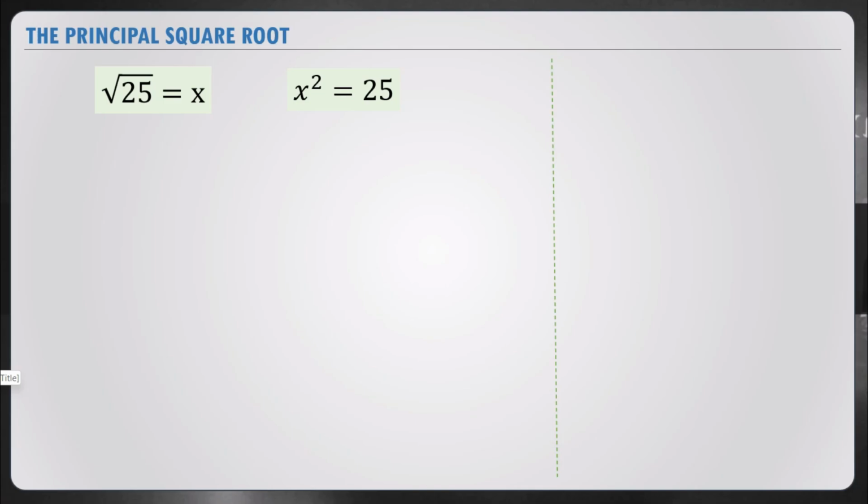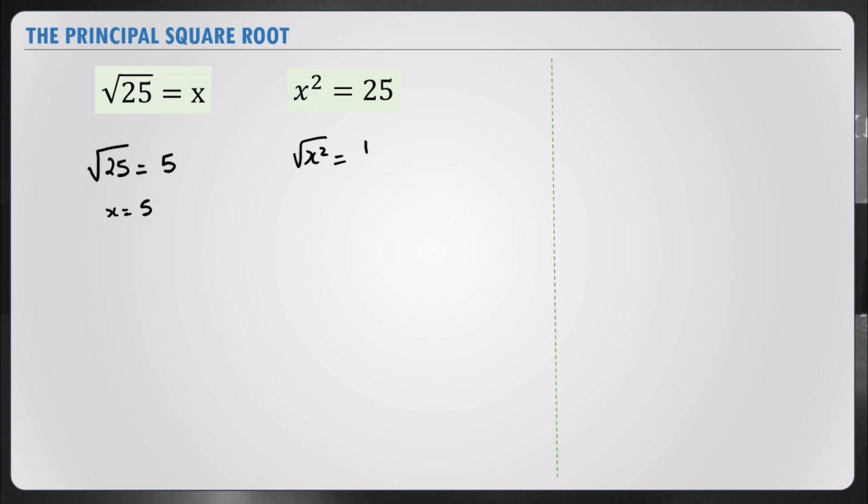Now, when we're asked to find the square root of 25 under the radical, we usually solve it as x equals the square root of 25, so x is equal to 5. But when we have x squared is equal to 25, we find the square root on both sides.